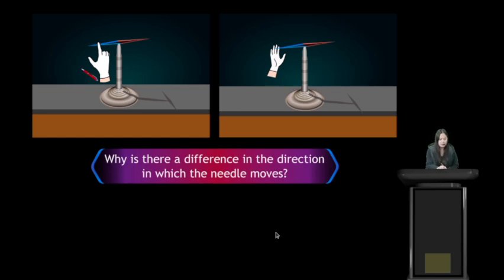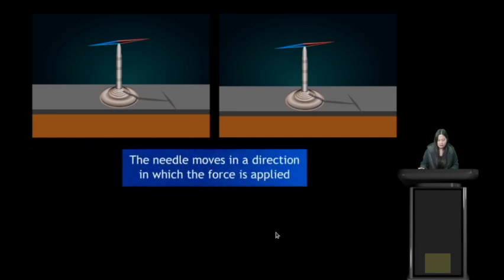We see that in the first case, the needle moves in this direction. In the second case, the needle moves in this direction. So why is there a difference? Do you have the answer? The needle moves in a direction in which the force is applied.